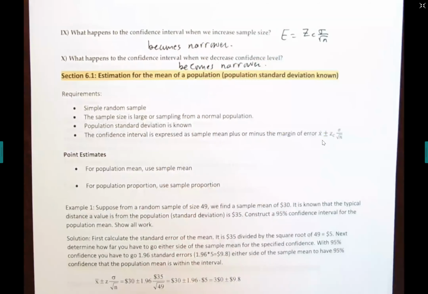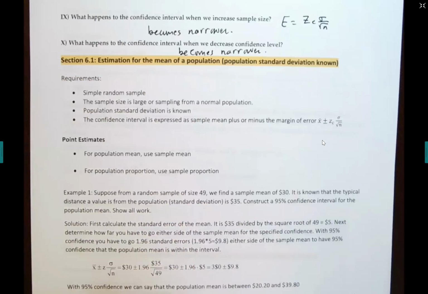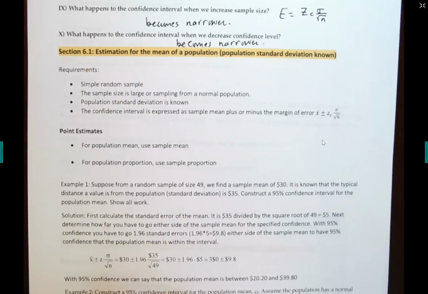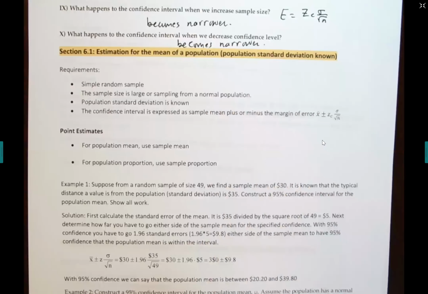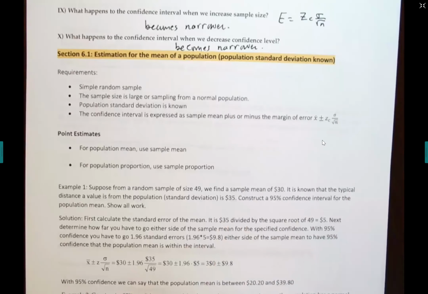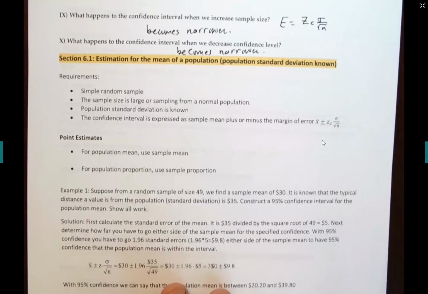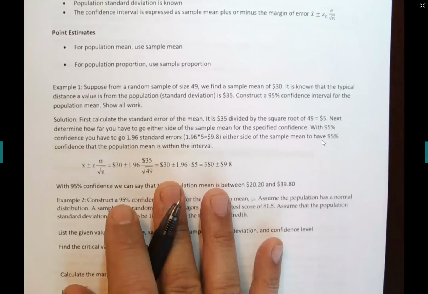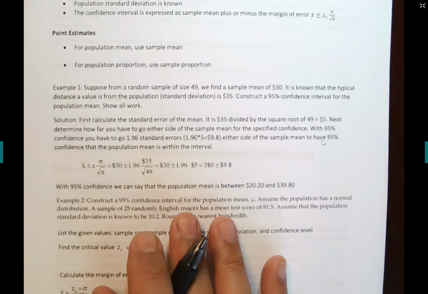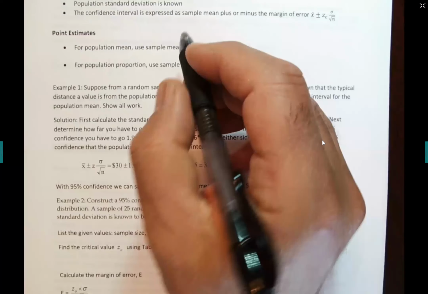All right. Now we're going to hit section 6.1, guys, and we're going to show you how to construct a confidence interval. So let me give you a definition of point estimate. If you want to estimate in a hurry the population mean, we use the sample mean.